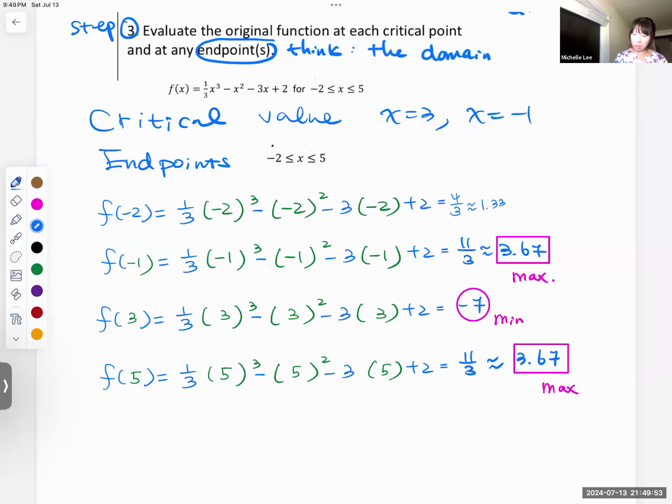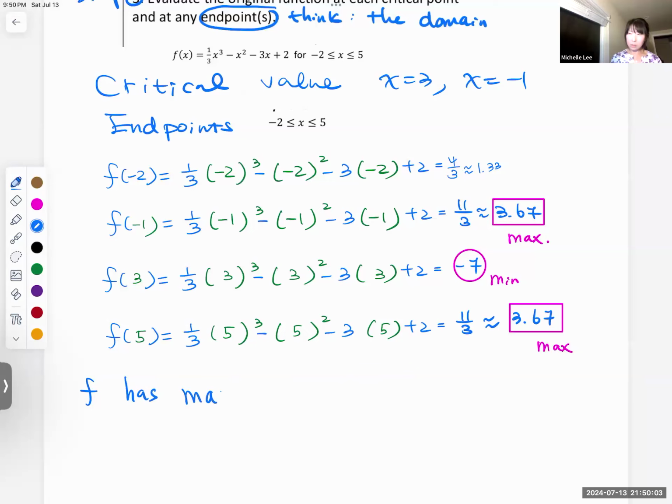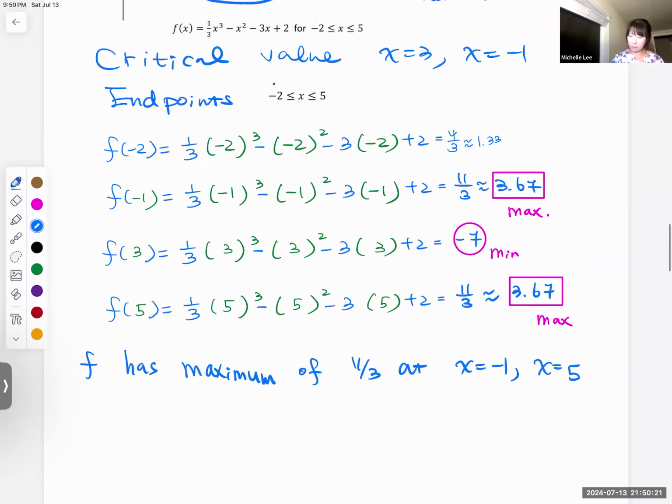Okay, so we can conclude f has 2 maximums, 11/3 at x equal to -1 and x equal to 5, right?